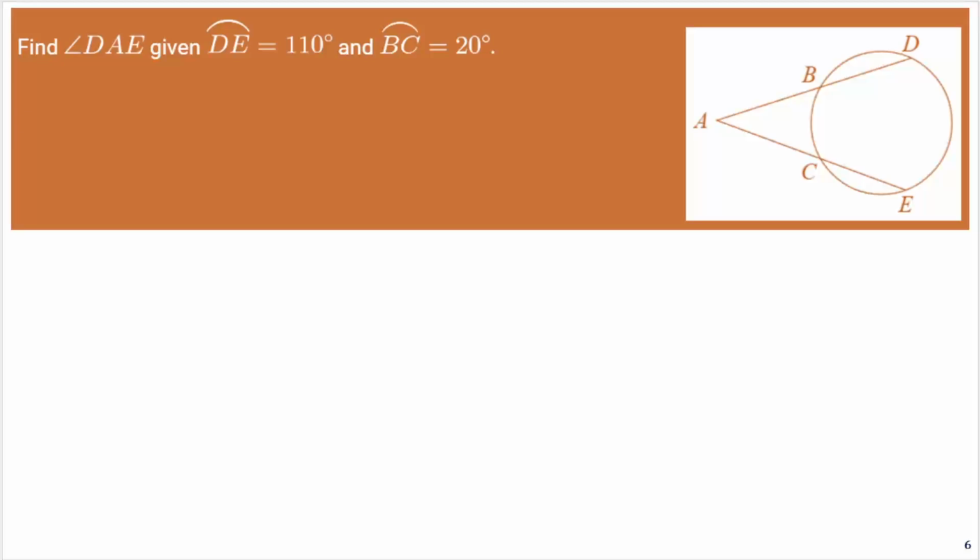Alright, have you finished? Not that difficult, right? So we could also make use of some inscribed angles here. For example, we could connect the points B and E, right?